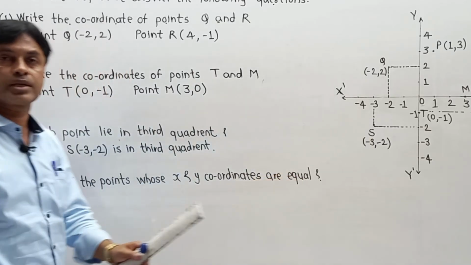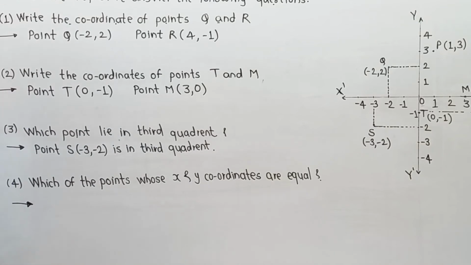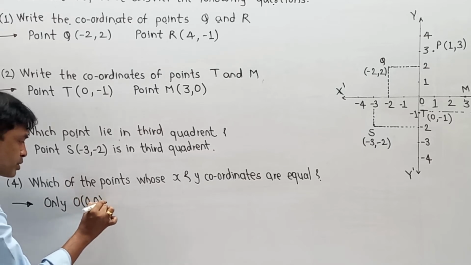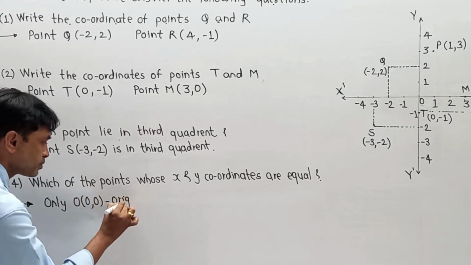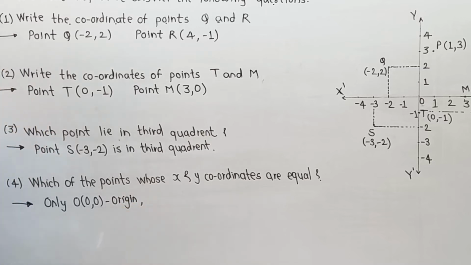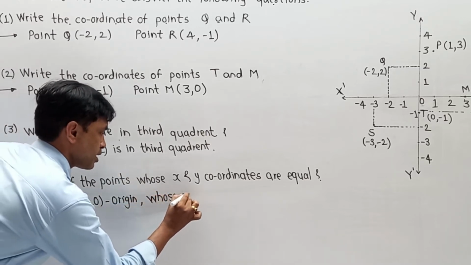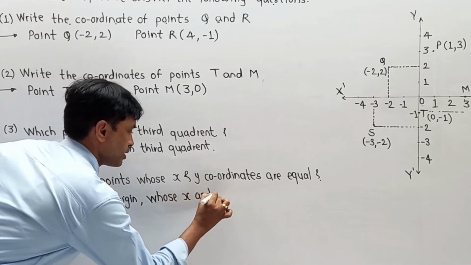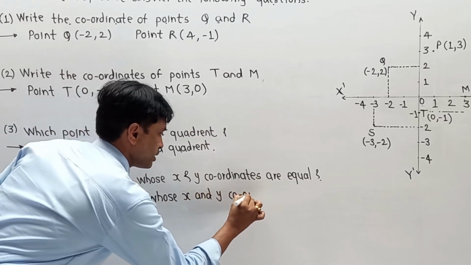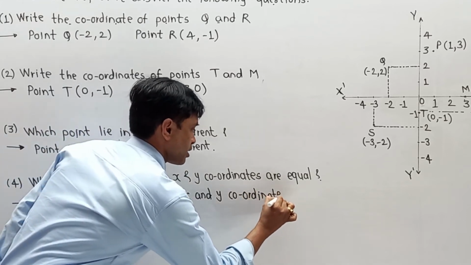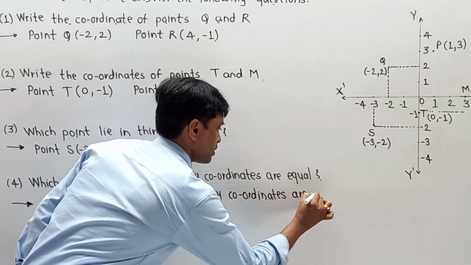So there is no particular answer, but if you want to write the answer, then your answer is, we can have only O, that is 0, 0, means origin, whose x and y coordinates are equal.